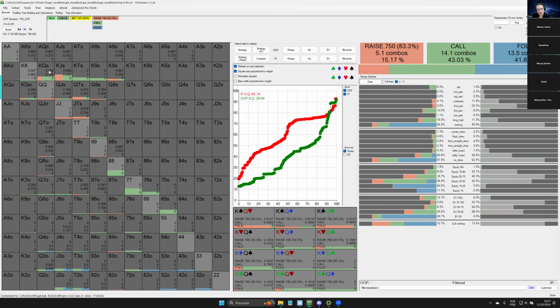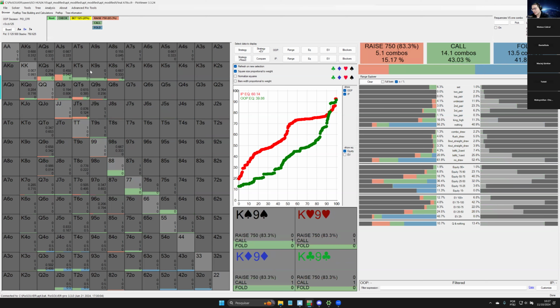So if you have some king highs raising here for protection and they have some draw equity, you want to maximize the chance that you get called by a weaker no-made hand, right? So you don't want to have the nine of spades, jack of spades, and so on, right? Because those hands, you really like to have them in the calling range versus you, right? Because those hands boost your equity, right? It's a hand that you're ahead against if you have king jack. So yeah.